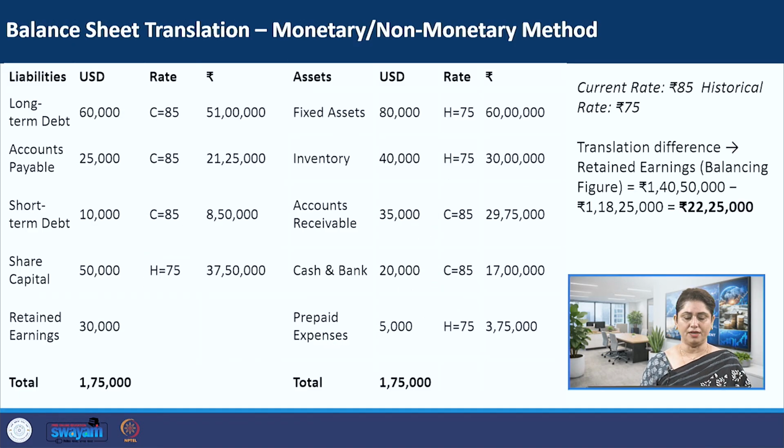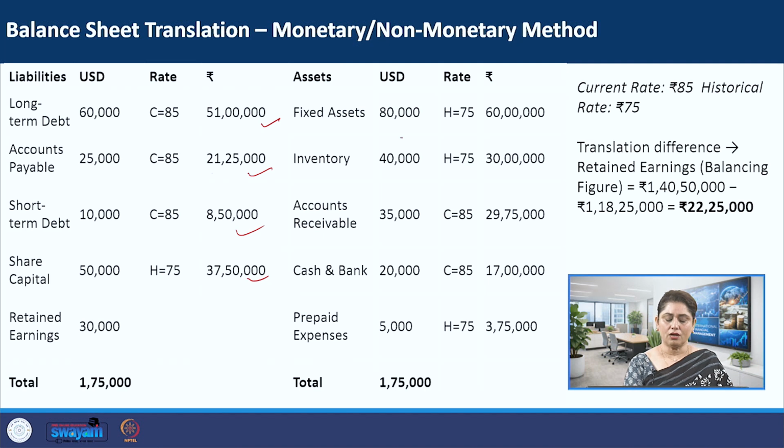Now, see, here we have got the rupee amount. If we multiply 60,000 by 85, we get 51 lakhs, which is the long term debt, 85 into 25,000, we get 21 lakh 25,000. Similarly, we have done it for short term debt and the share capital at the historical rate.